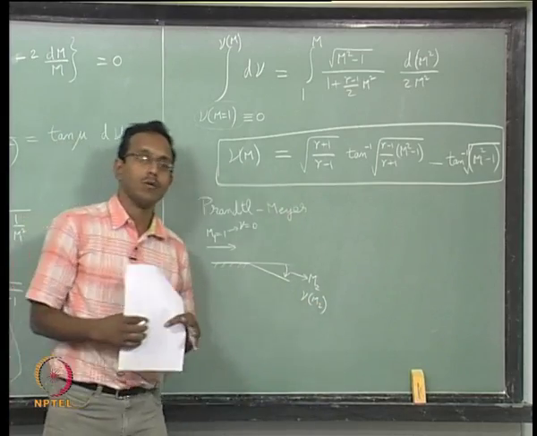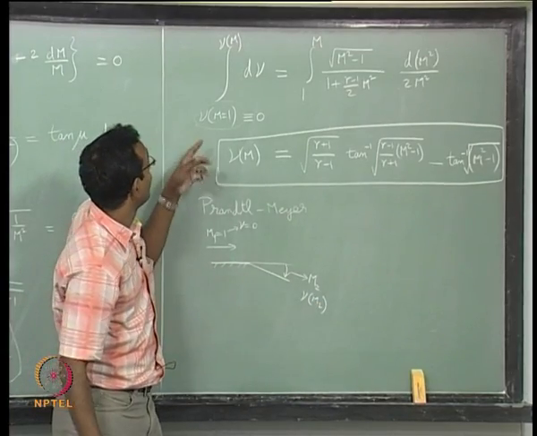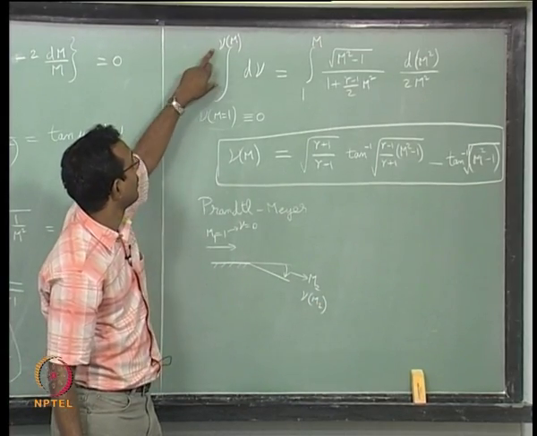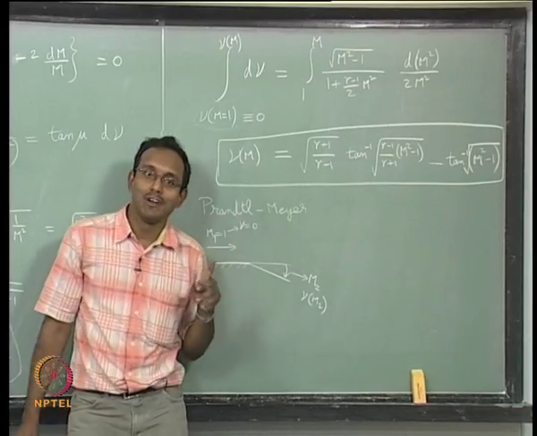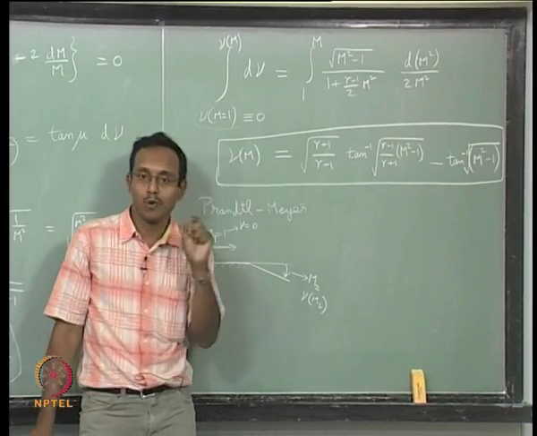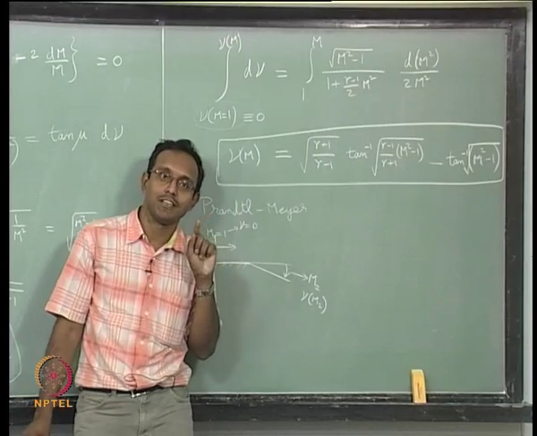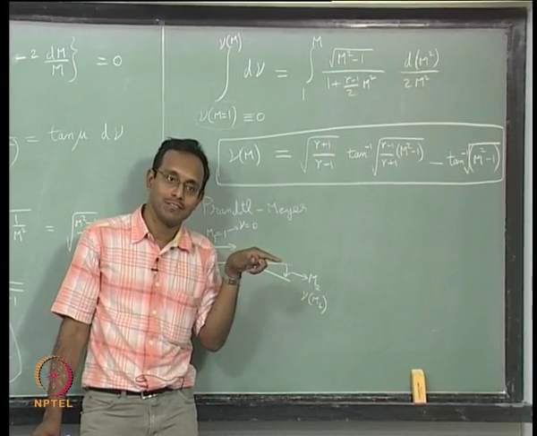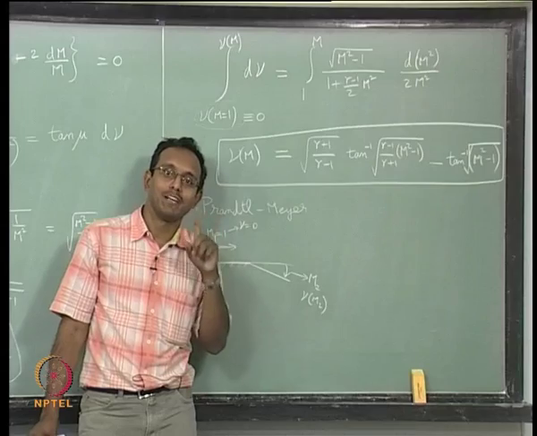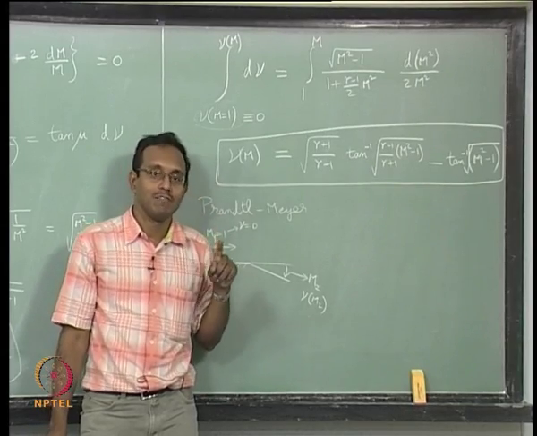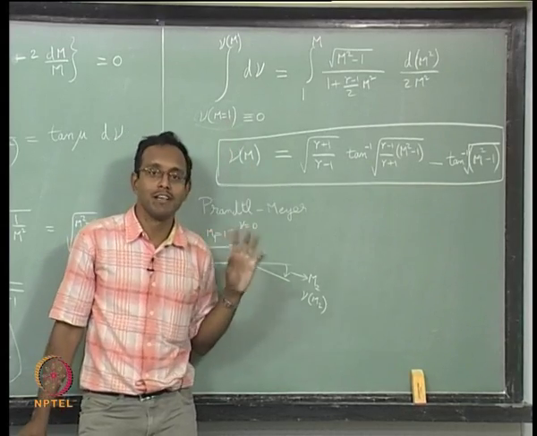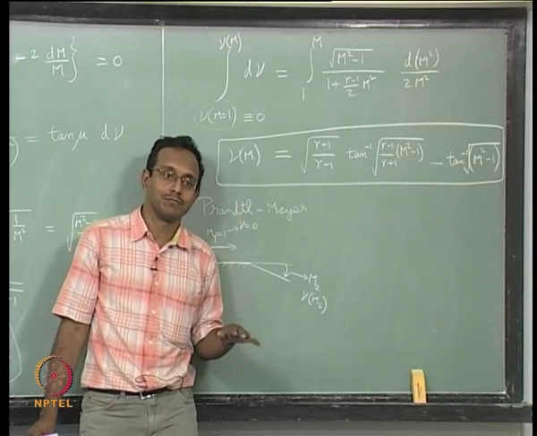Now since we integrated from this point all the way to there, and we already said that d nu is the small change in the streamline direction caused by that one individual wave. When I integrate, what I am doing is I am integrating over a whole bunch of waves.